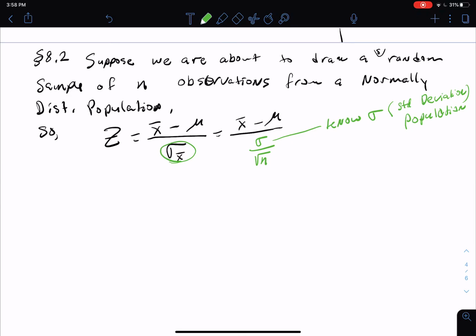So often what we're trying to do with these confidence intervals on 8.1 and 8.2 is estimate the population mean mu, and we make an interval to do that. Instead of just guessing one point, we say we think the mu is in between this lower limit and upper limit.